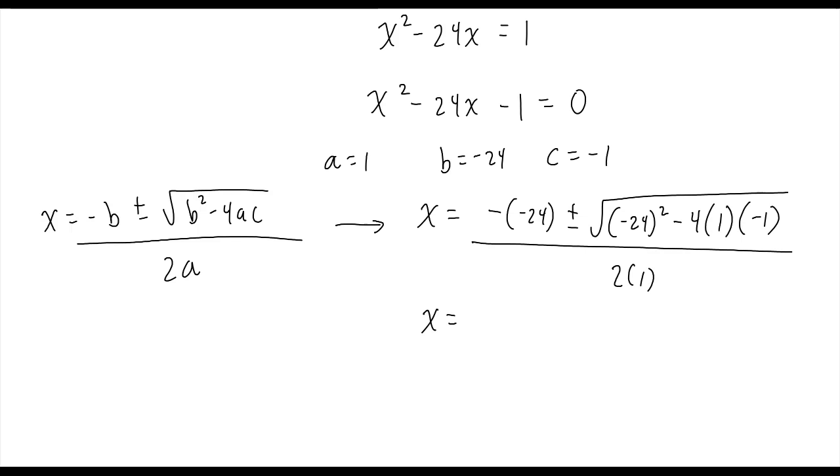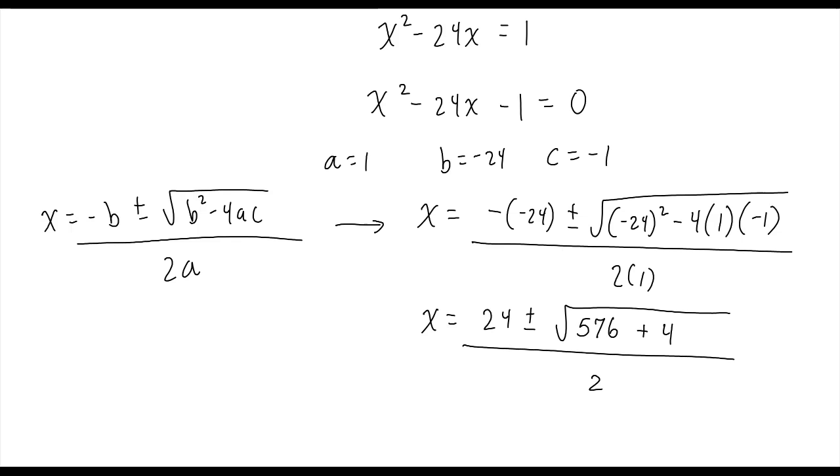Okay, so now negative 24 is 24 plus or minus square root 24 squared is 576 plus 4, because 4 times 1 times negative 1 is a negative 4, minus a negative 4 is a positive 4.